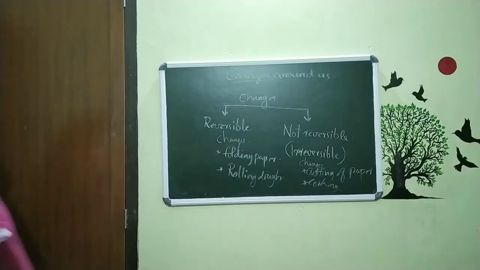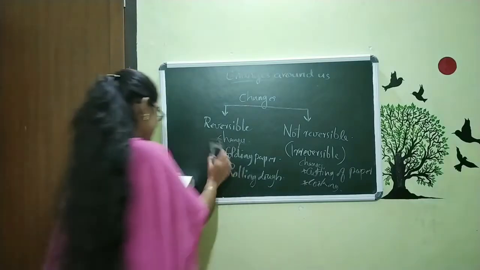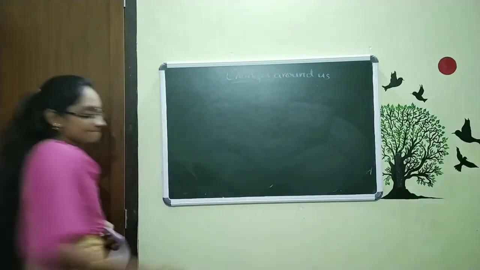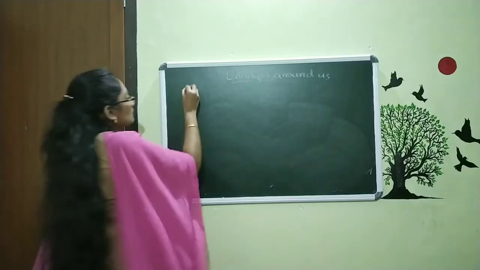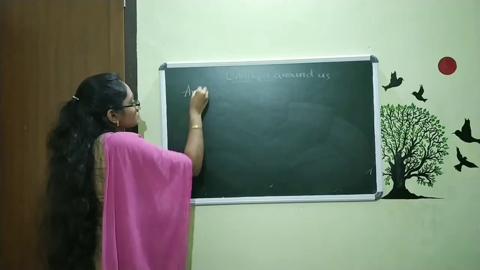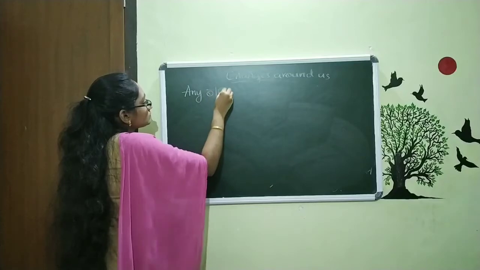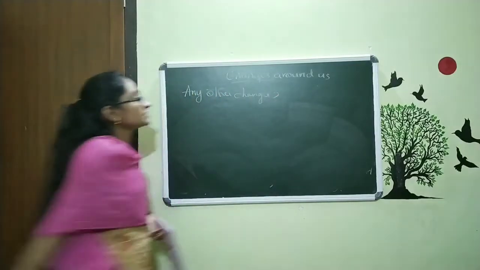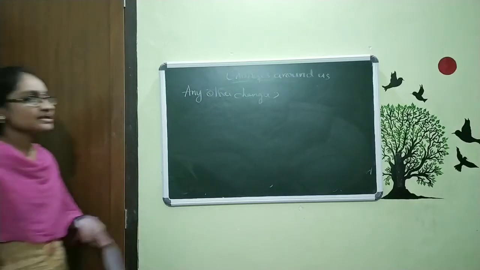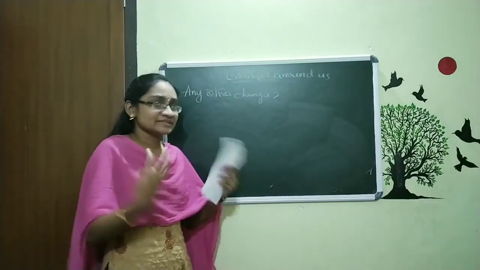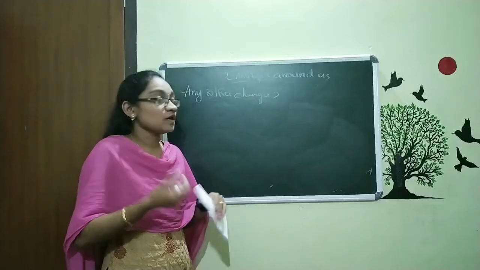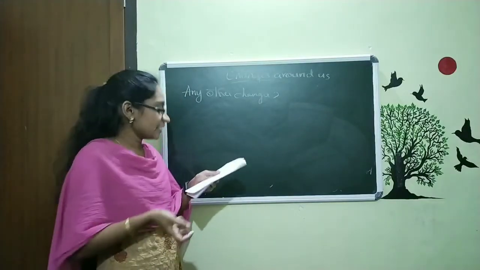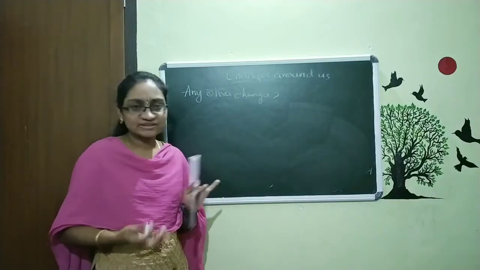The first thing we are going to discuss is, do any other changes occur? In the last class we said that shape can be changed by pressing or by cutting. Here we are going to discuss another type of change.